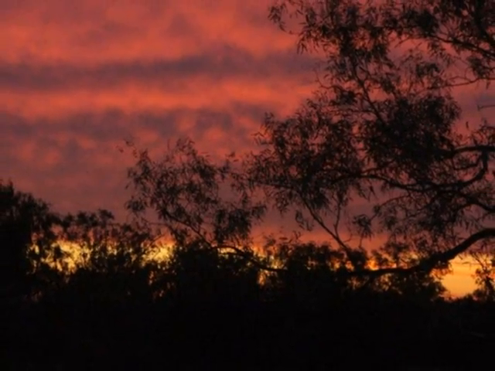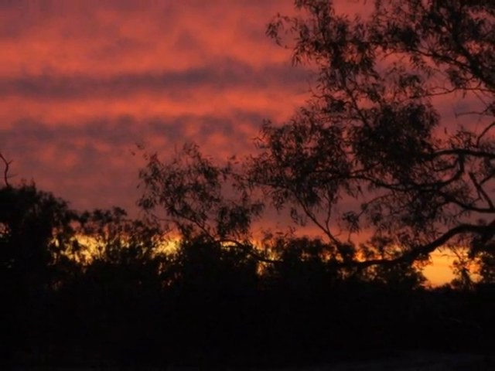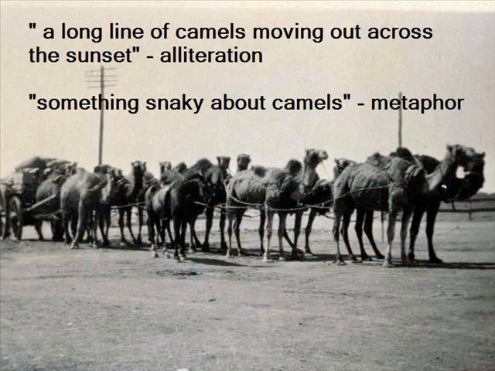So the sun sets. There's a long line of camels moving out across the sunset. You can hear the alliteration, and there's something snaky about the camels, which is a metaphor.